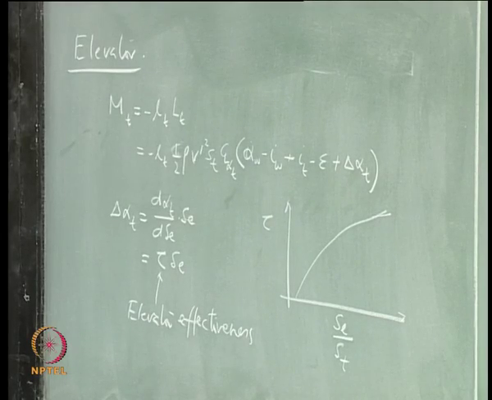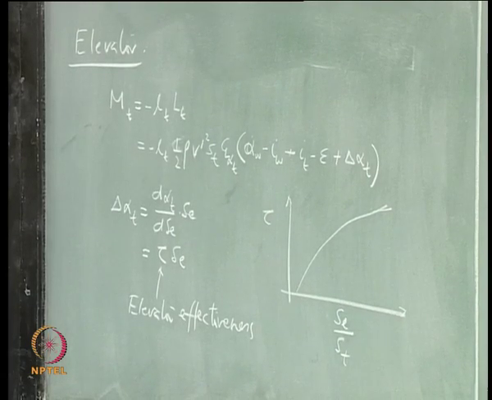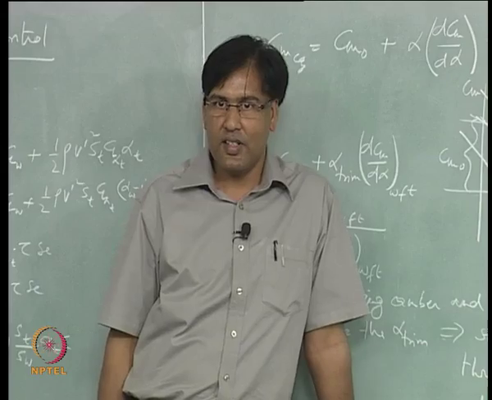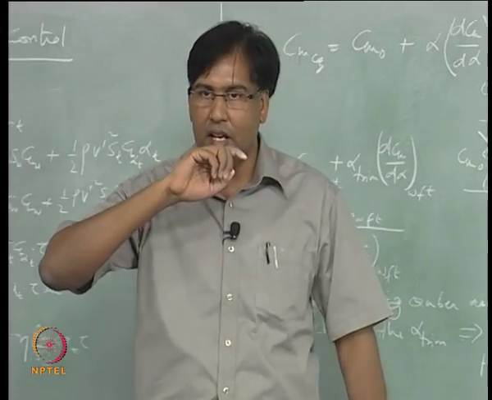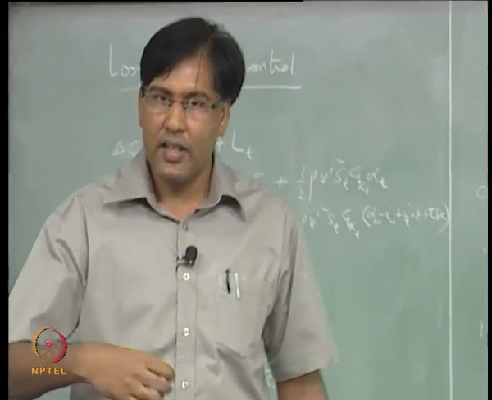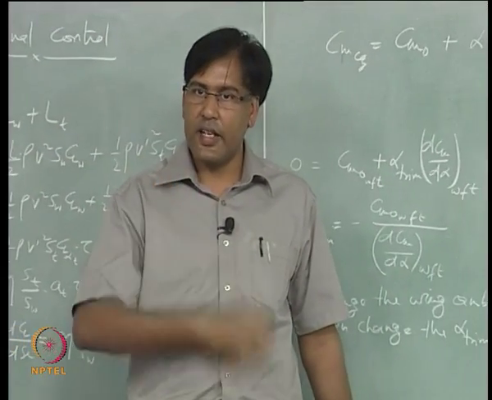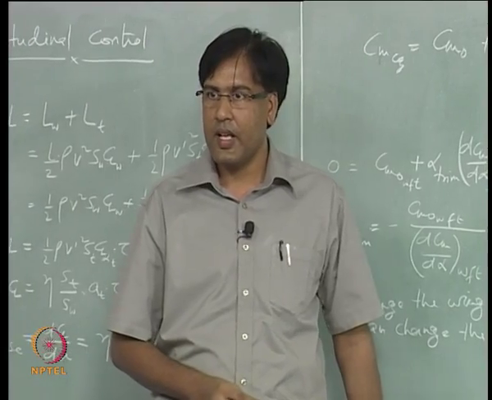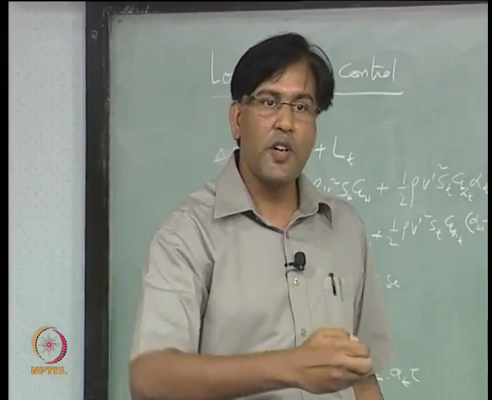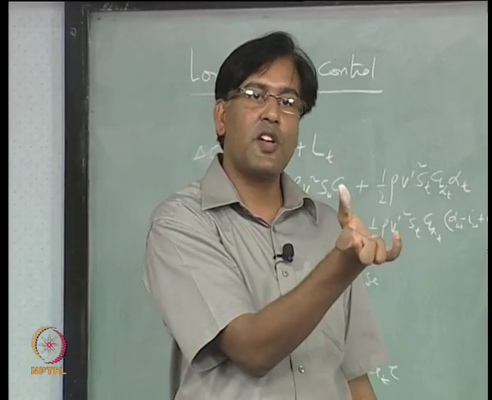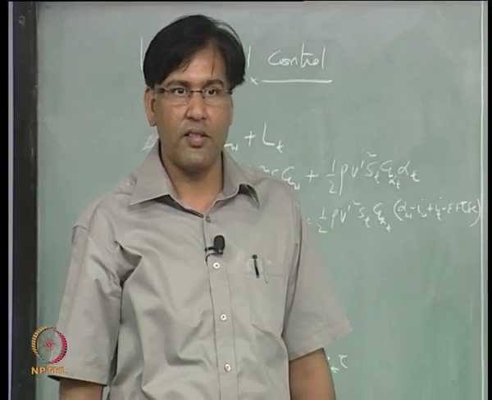So, what is delta E? Up is negative, okay, down is positive, and this convention has been adopted only to indicate that Cm delta E is negative. So, delta E down is going to give you lift up and that is going to create a pitching moment down. So, Cm delta E is negative, isn't it?